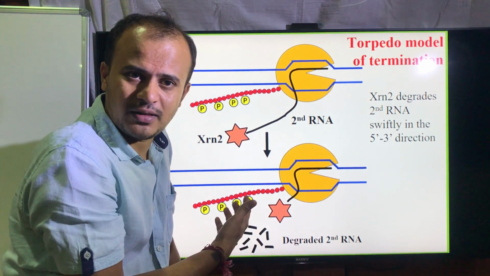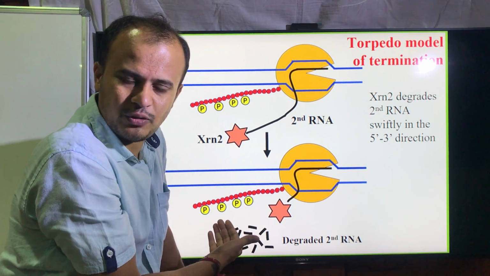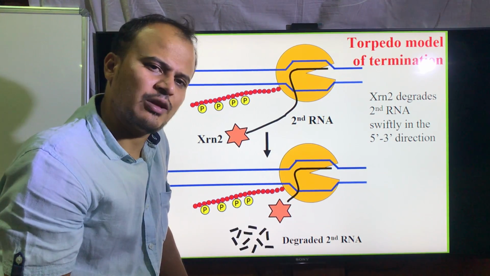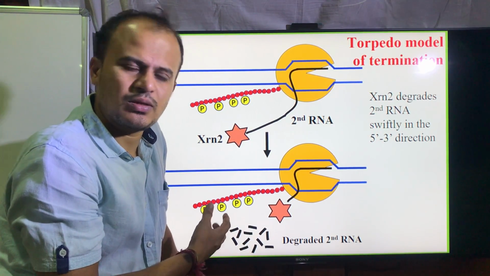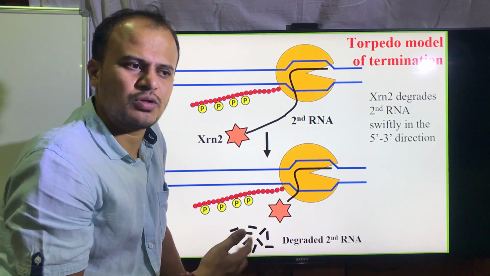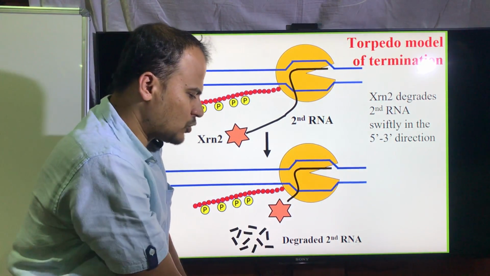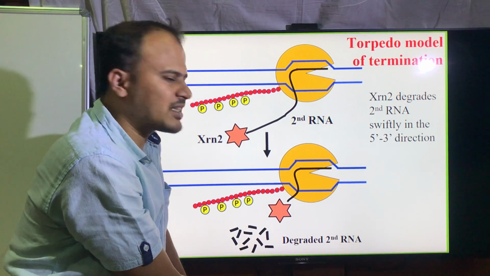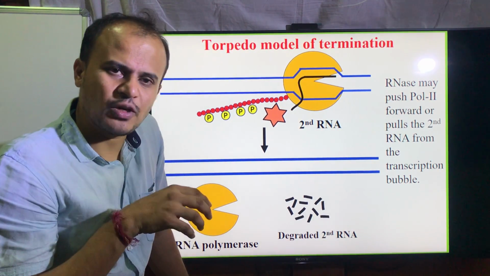This is a model that has been explained with the discovery of the XRN2 enzyme. There are still other models available, maybe the allosteric model and some others, but most people have accepted this model. So this is how transcription is terminated in the case of eukaryotes.